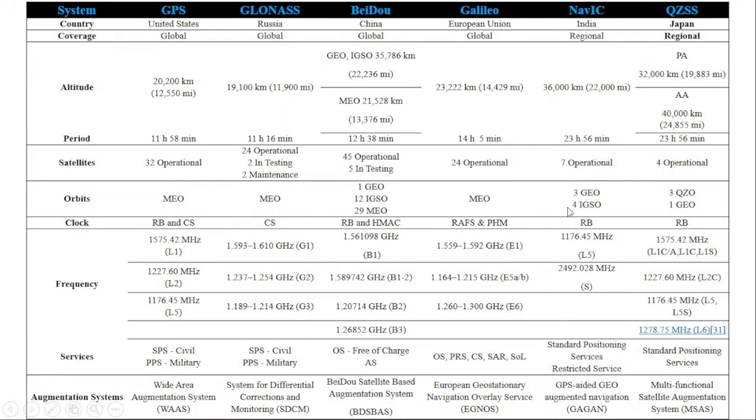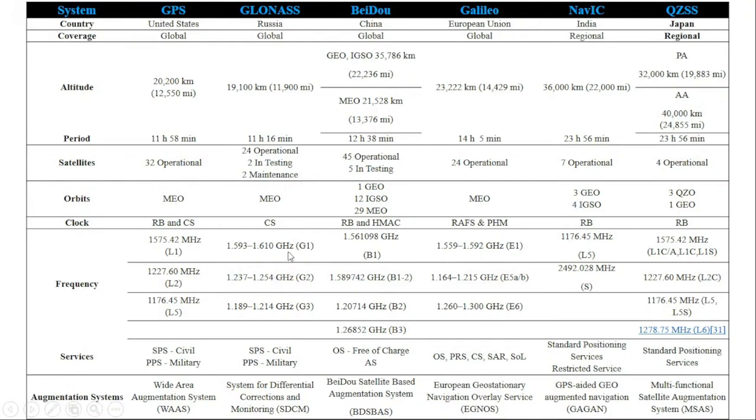Why this? Because they orbit at 36,000 kilometer altitude, whereas medium Earth orbit satellites are around 20,000 to 22,000 kilometers. QZSS and NavIC are regional, but the other four are global. And these are the frequencies they are transmitting continuously.